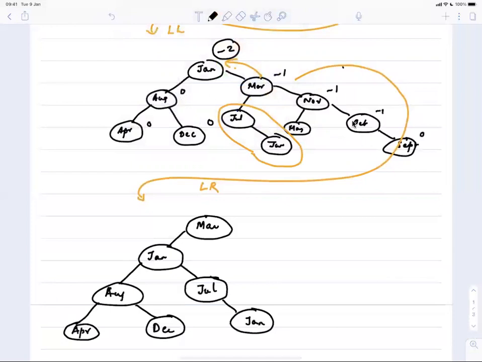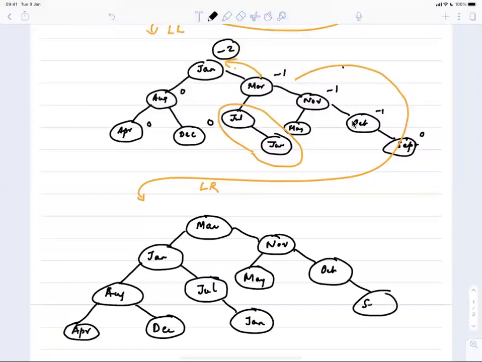Okay, because these are greater than Jan but smaller than March. So we get this, and then we get November here connected to May, October, and September. So this is your final balanced tree.